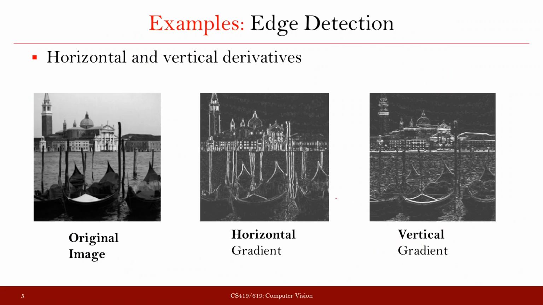So here this is the given image, and at every pixel, using an operator like this, where you have -1 here, 0 here, and 1 here, you have computed the gradient. And similarly, to compute the vertical gradient, you have used an operator like this, where you have +1 here, 0 here, and -1 here. Okay.